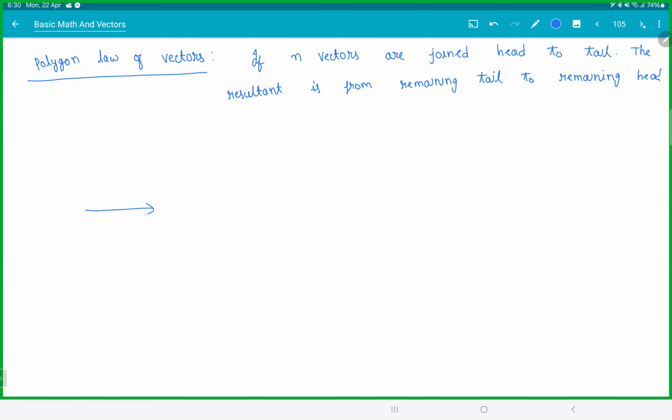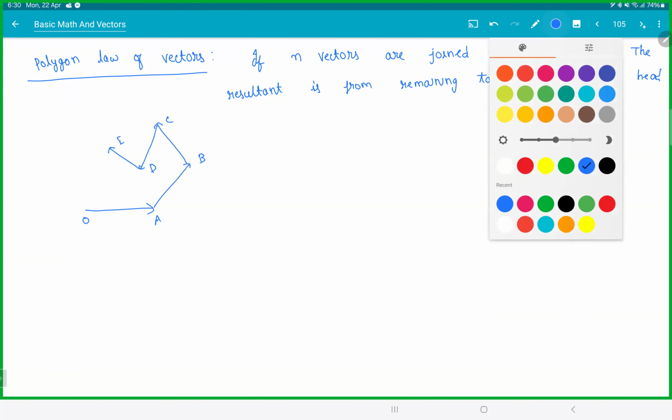So someone gives you vectors like this: OA bar, AB, BC, CD, and let's say like this, E.